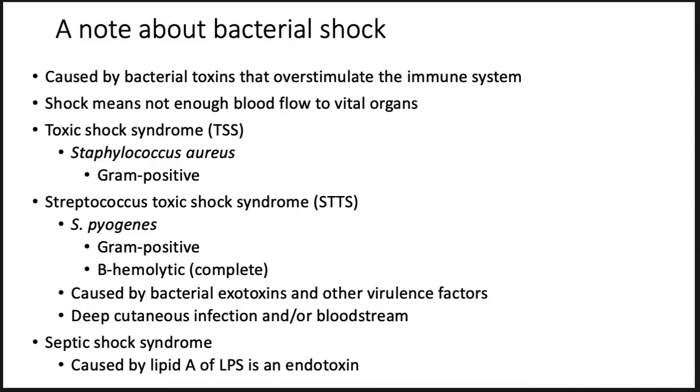We have another type of gram-positive bacteria called Streptococcus pyogenes, which is responsible for streptococcal toxic shock syndrome, STSS rather. And this has a special ability, which we call beta hemolytic.